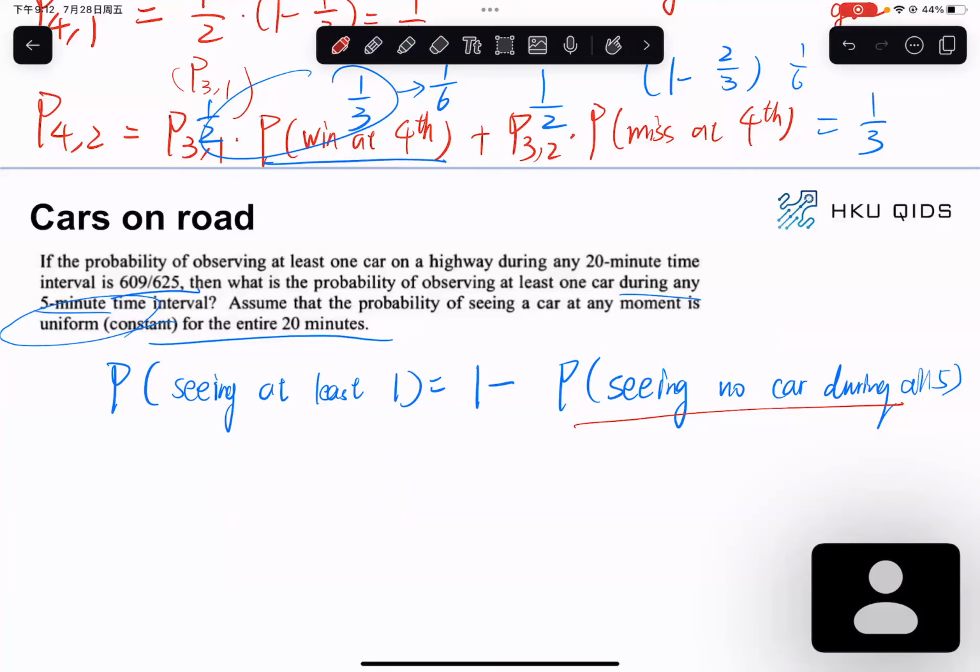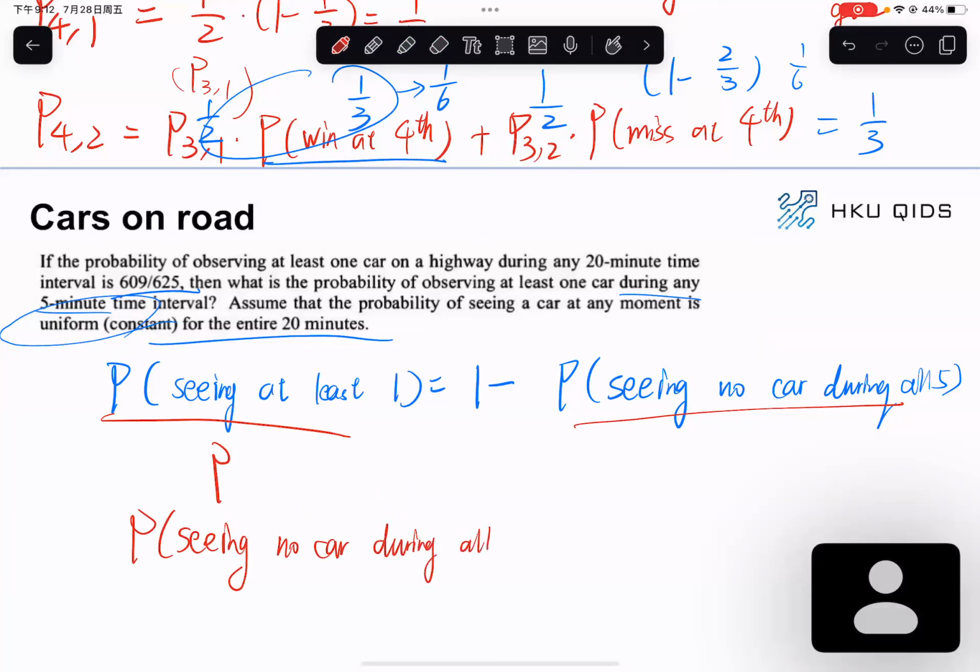Then the probability of seeing no car during 5 minutes is going to be 1 minus P.